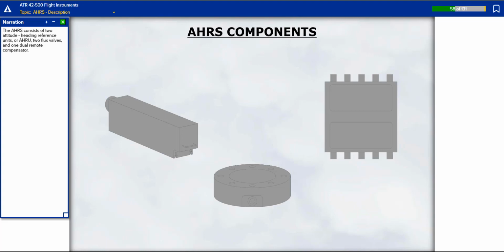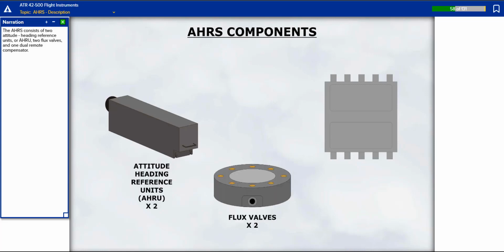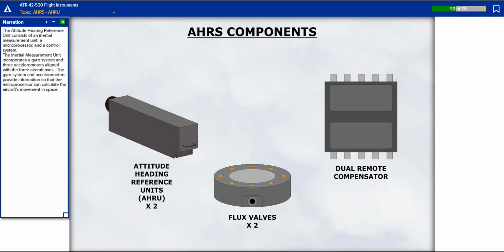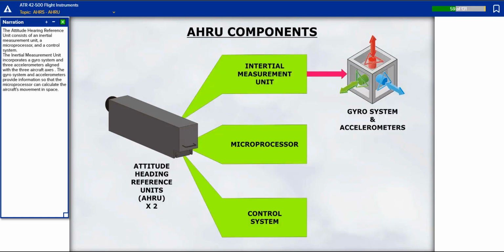The AHRS consists of two attitude heading reference units, or AHRU, two flux valves, and one dual remote compensator. The attitude heading reference unit consists of an inertial measurement unit, a microprocessor, and a control system.